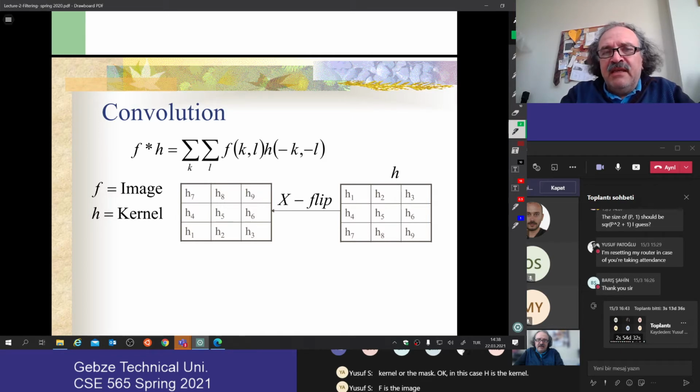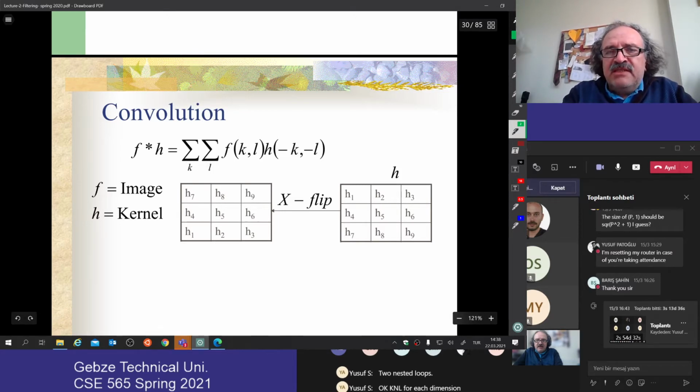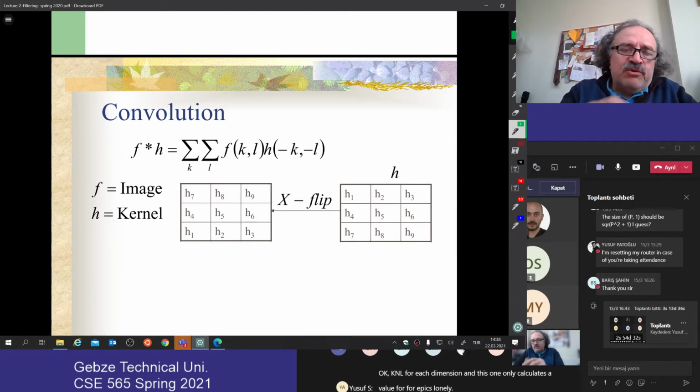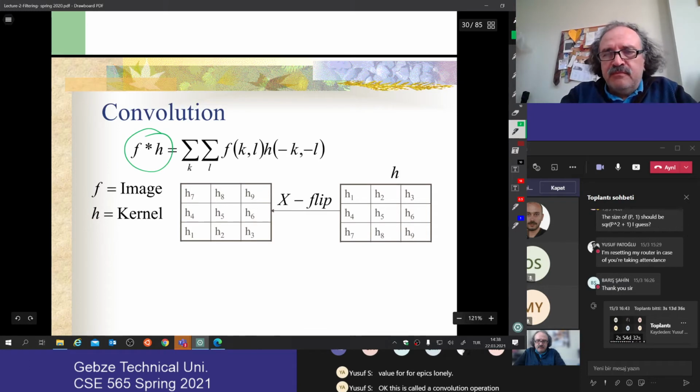So there are two nested loops, K and L for each dimension, and this one only calculates a value for a single pixel. Okay, this is called the convolution operation, and we are going to show it with this sign.